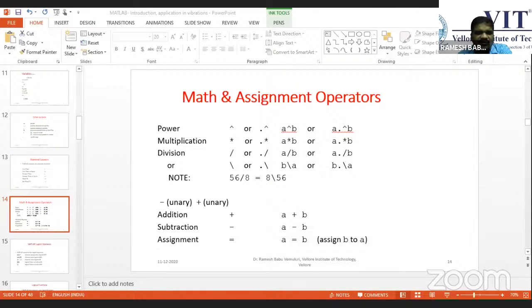See here A 1 2 3 4 5 6 7 8 9. So 1 2 power 2 is 4, 3 power 3 is 9. So this is how the difference is by using a dot operator or without using a dot operator.